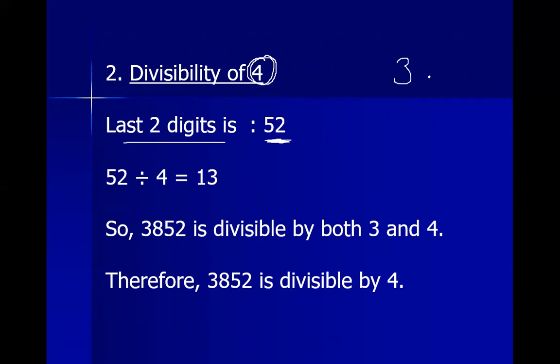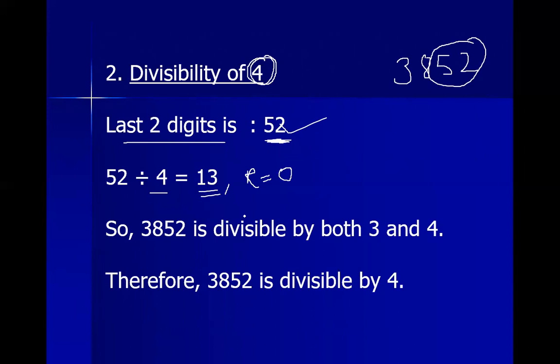The last two digits of our example, 3852, are 52. We just divide 52 by 4, and we get a quotient of 13 and a remainder of 0. When you get the remainder 0, it means that it is exactly divisible.